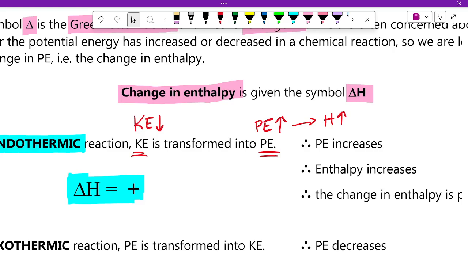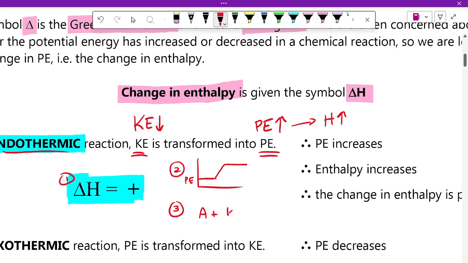So now you have three ways of recognizing an endothermic reaction. You know that for an endothermic reaction, number one, change in enthalpy is positive. Number two, the graph goes up. And number three, the energy term is in the reactants.